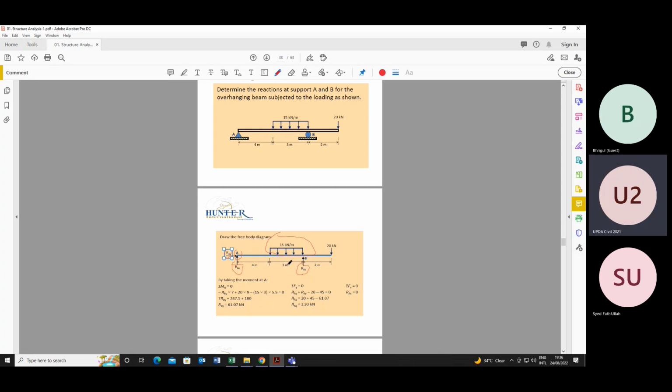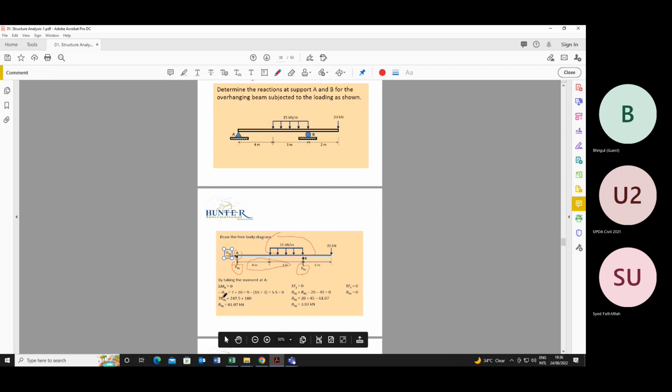RBY into what will be the moment? Force into distance, that is, the distance between point A and the force acting at point B. We will consider it negative because RBY is tending the member to rotate in anti-clockwise direction, so as per the sign convention which we studied before, it will be negative. So minus RBY into 7, where 7 is 4 plus 3.